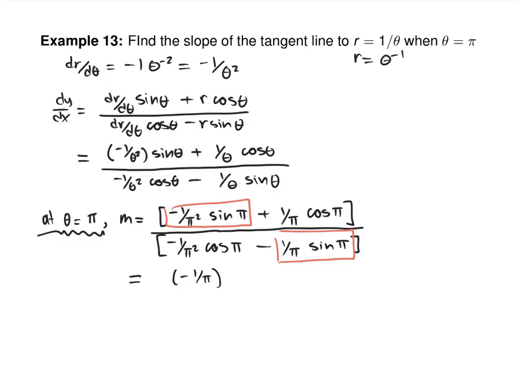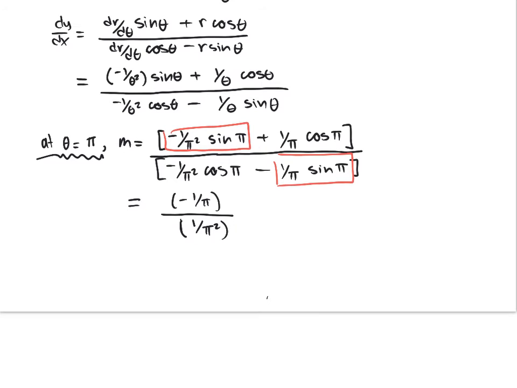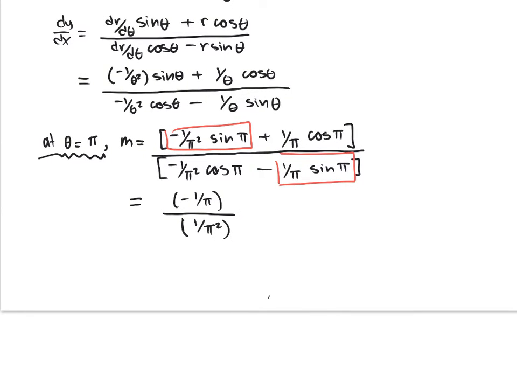Because cosine of pi is negative 1, right? In the denominator, what do we end up with? Is it positive or negative? Positive 1 over pi squared, right? And it's really bad math grammar to leave fractions over fractions. So that's the same thing as negative 1 over pi times pi squared over 1, which is negative pi.